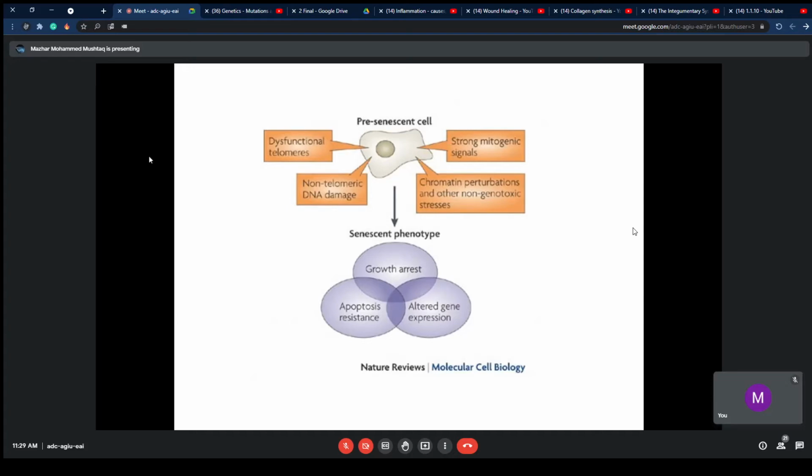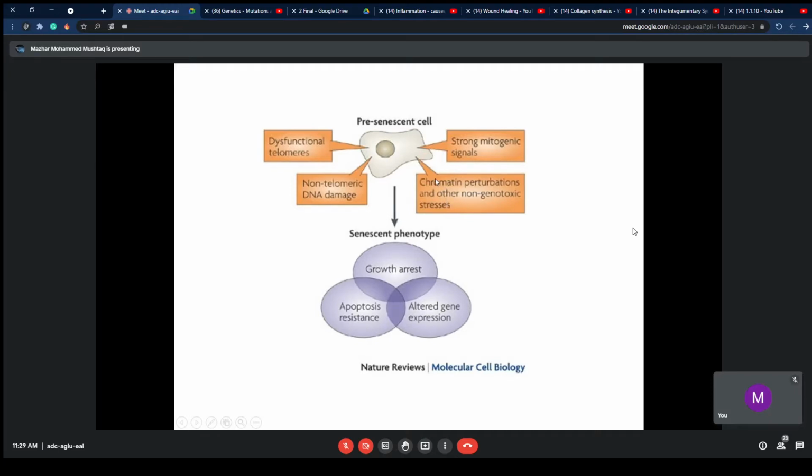Here two cells are shown. The pre-senescent cell has a strong mitotic signal. It is responding to everything, and there is a change in the chromatin.